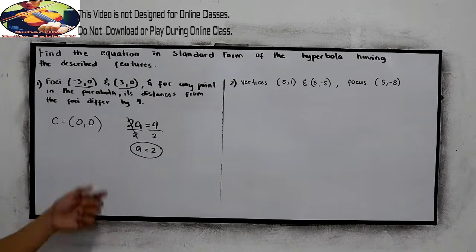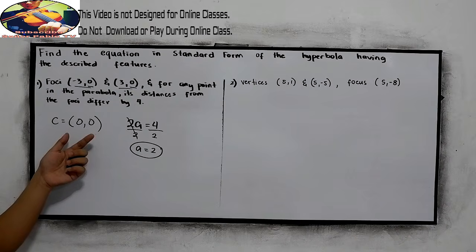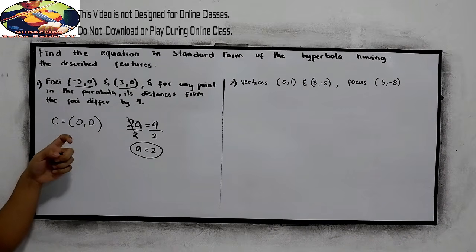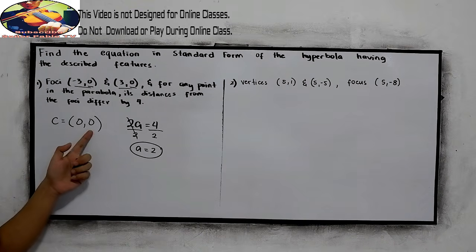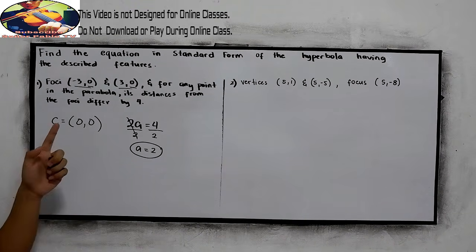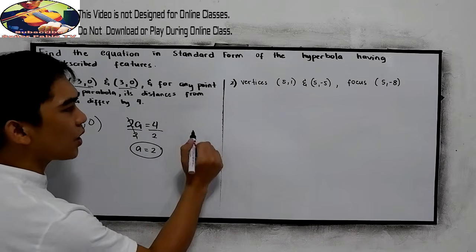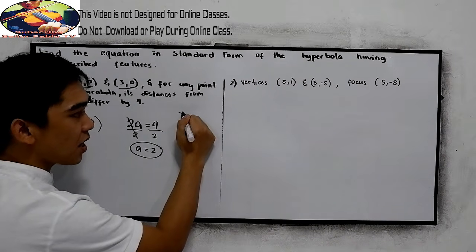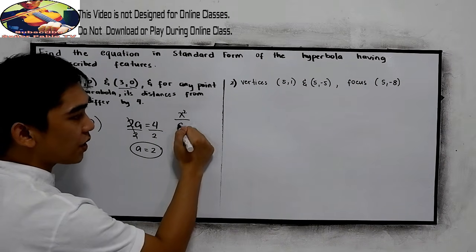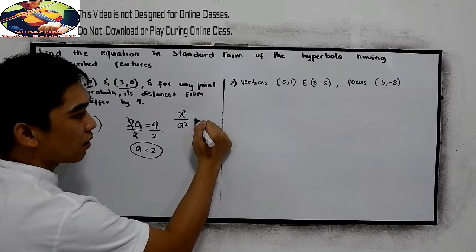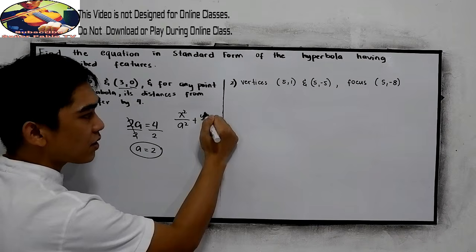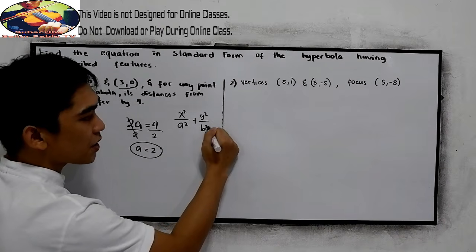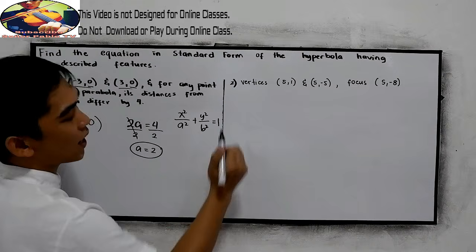Since the center is 0, 0, we're expecting that our standard form can be x squared over a squared plus y squared over b squared is equal to 1.